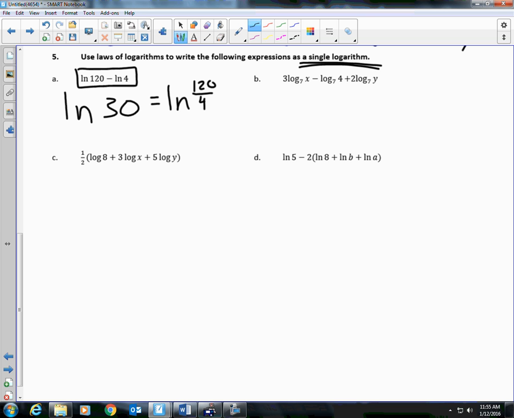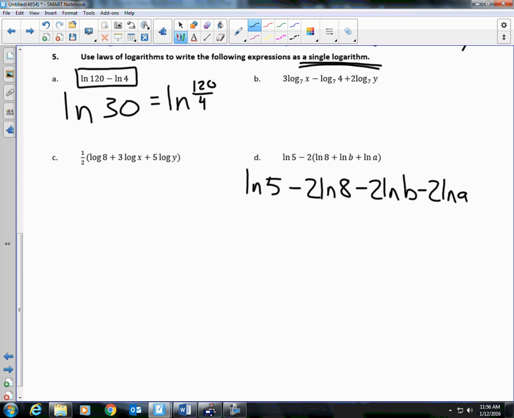Let's look at D. I'm going to first distribute the 2. Now, let's try to combine some pieces here.